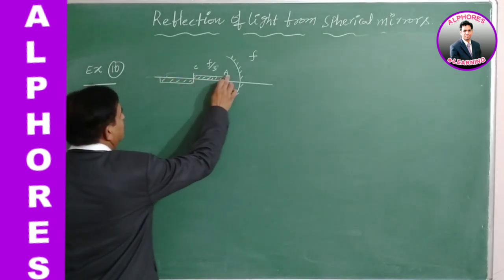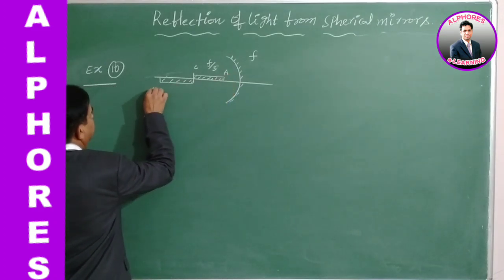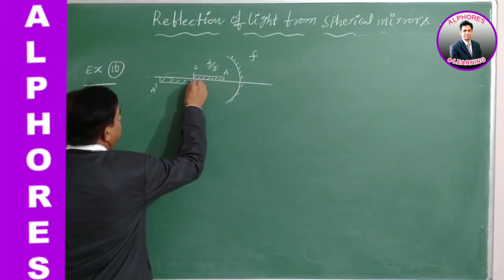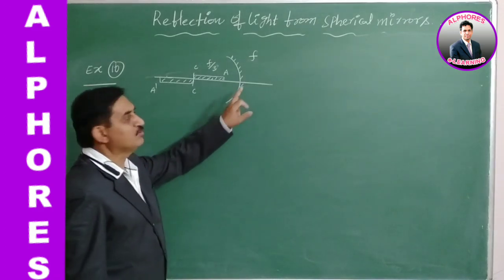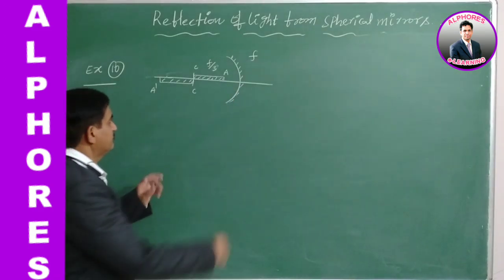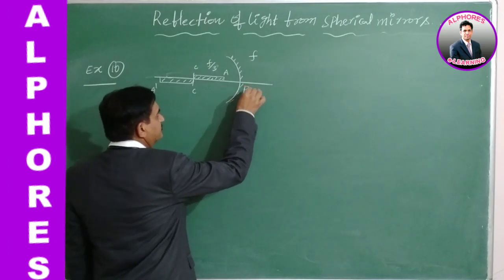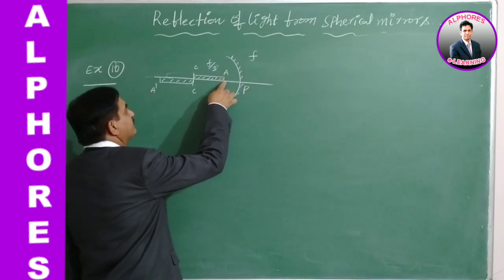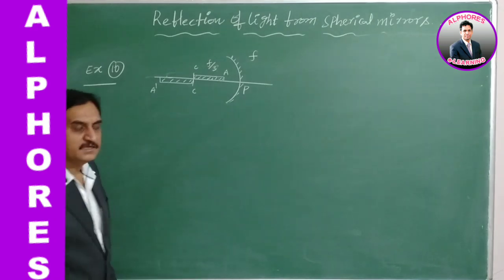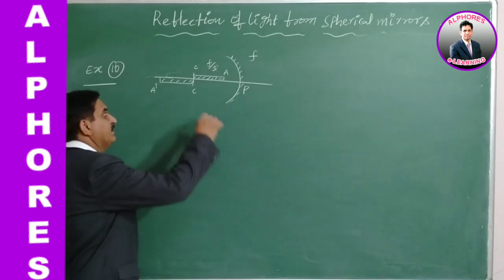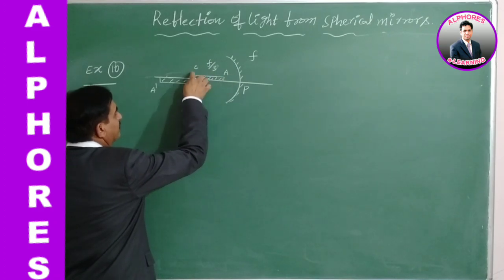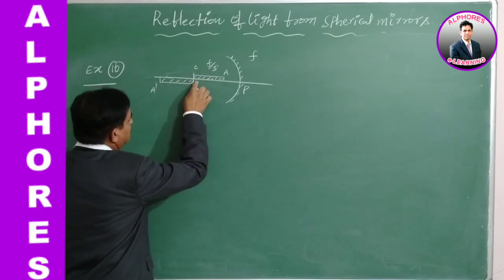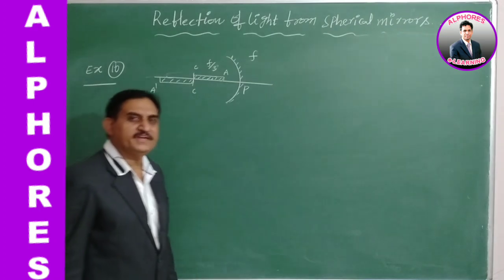This is the image, this is end A, this is A dash, this is again C. Here A is very close to the spherical mirror and its corresponding image is formed far away, and this end C is far away from the mirror, so its corresponding image is closer to the mirror. Why is it so?